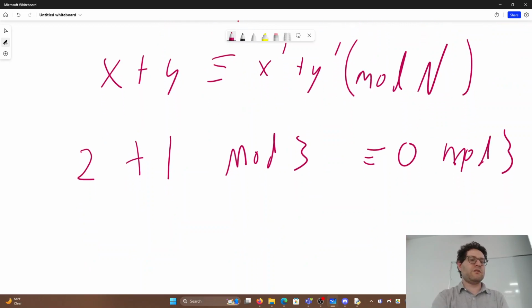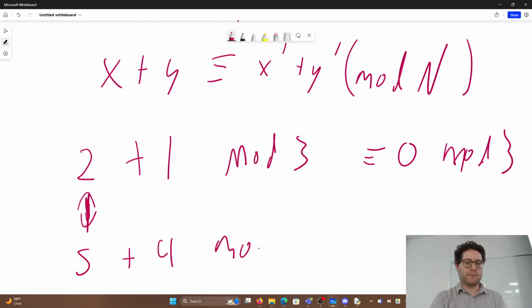And if we replace these with equivalent things like 5 plus 4, okay? 5 is equivalent to 2, 4 is equivalent to 1 in mod 3.